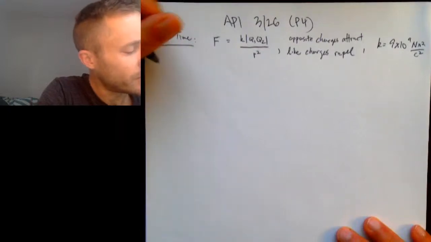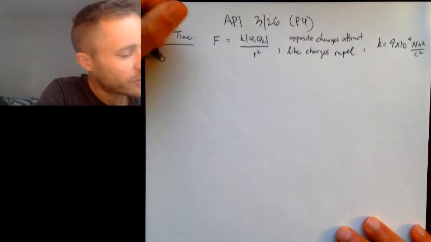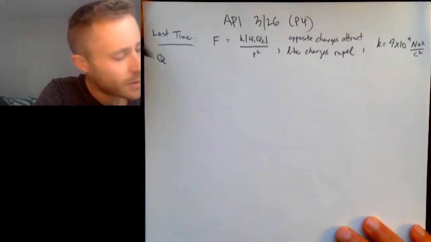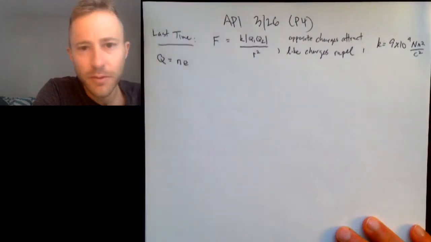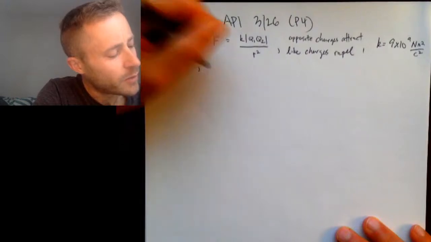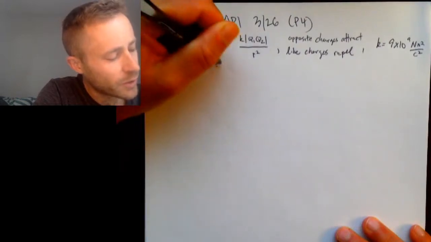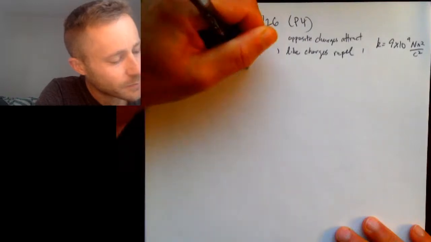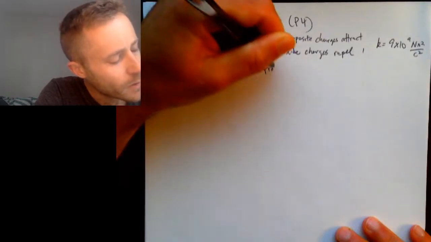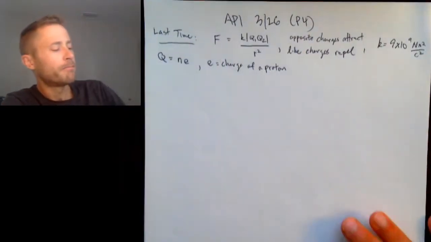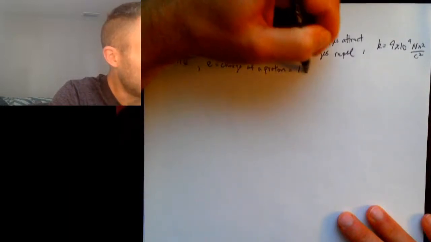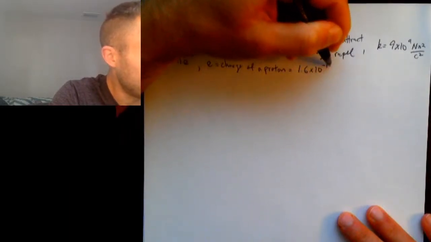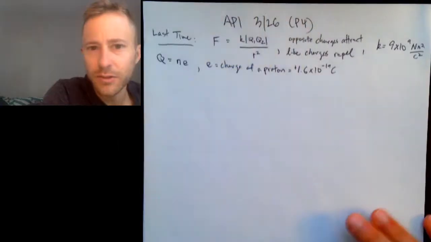We learned that the amount of charge that something can have is an integer multiple of the fundamental charge, where the fundamental charge is the charge of a proton, and that value is 1.6 times 10 to the minus 19 coulombs.